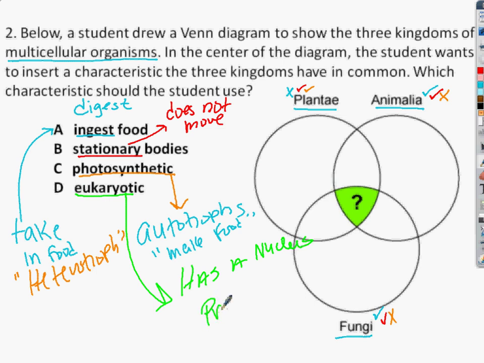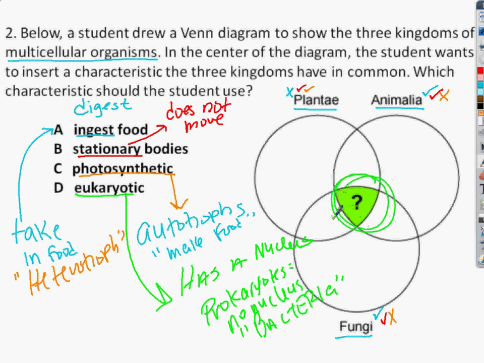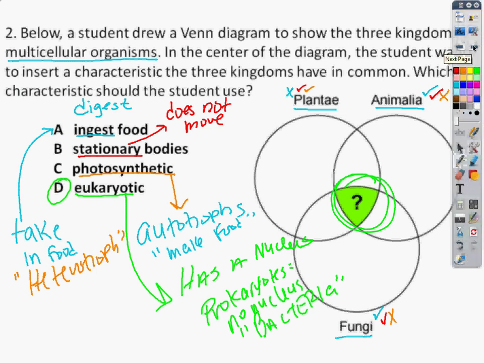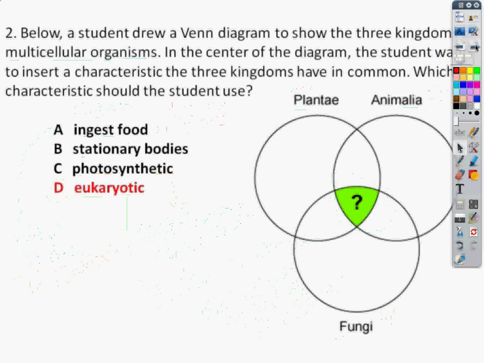So prokaryotes equals no nucleus, which is only going to be bacteria. And so here, what they all have in common is they are all eukaryotic cells, which we see is correct.